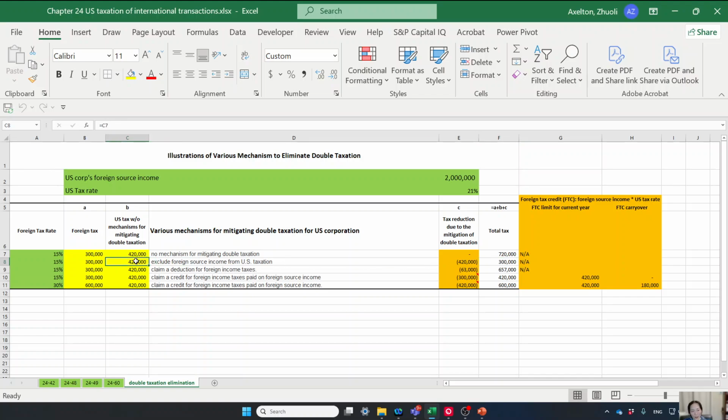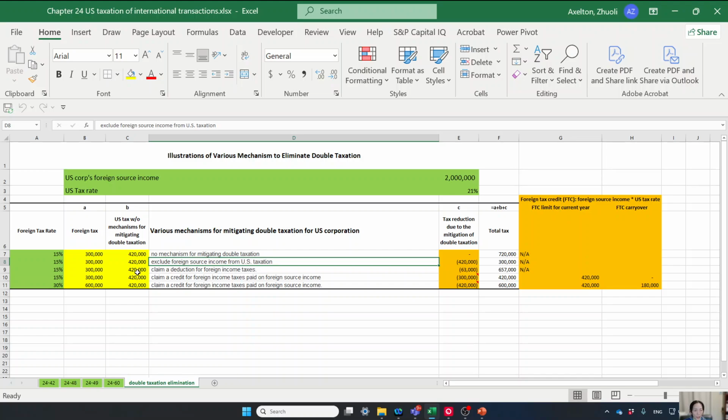But the issue in this particular scenario is when the foreign company later distributes the dividend to the U.S. parent. When they distribute the earnings back to the U.S., the U.S. corporation will be taxed on that portion of the income. So that's the exclusion of foreign source income from U.S. taxation.